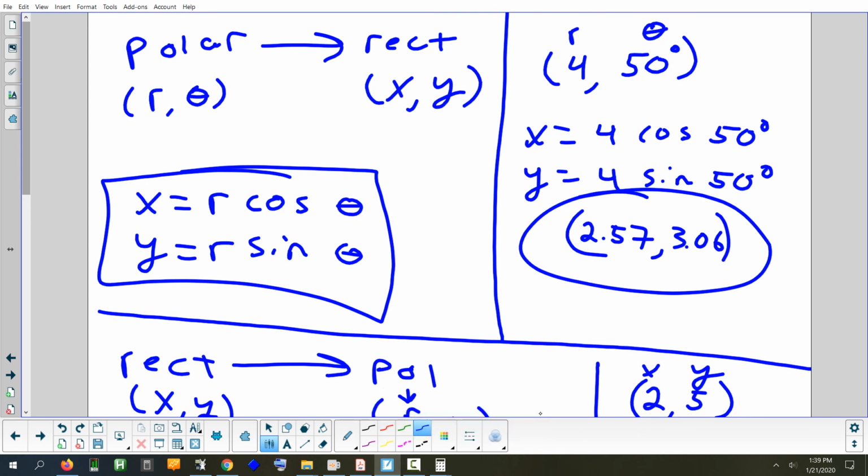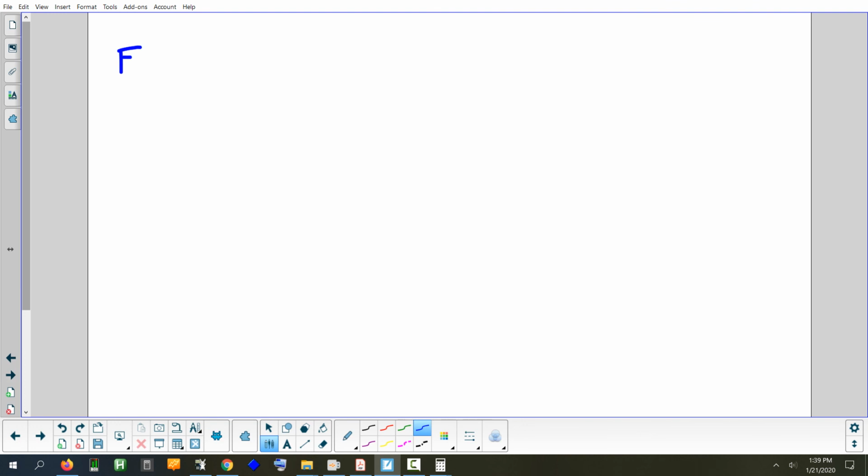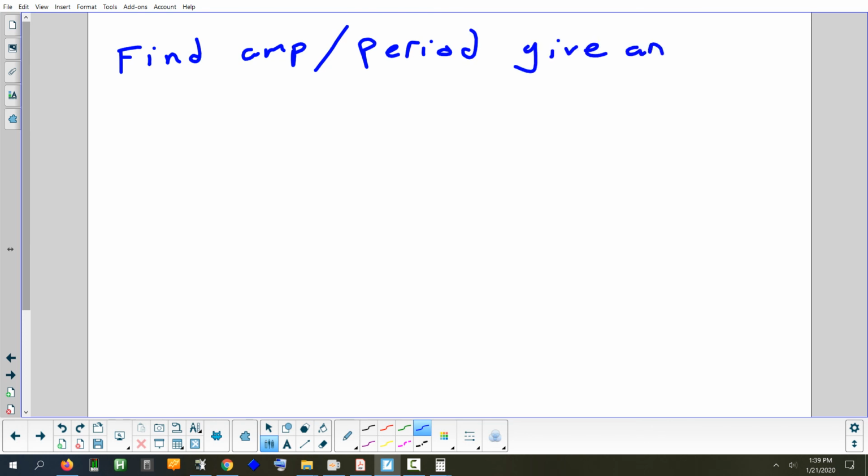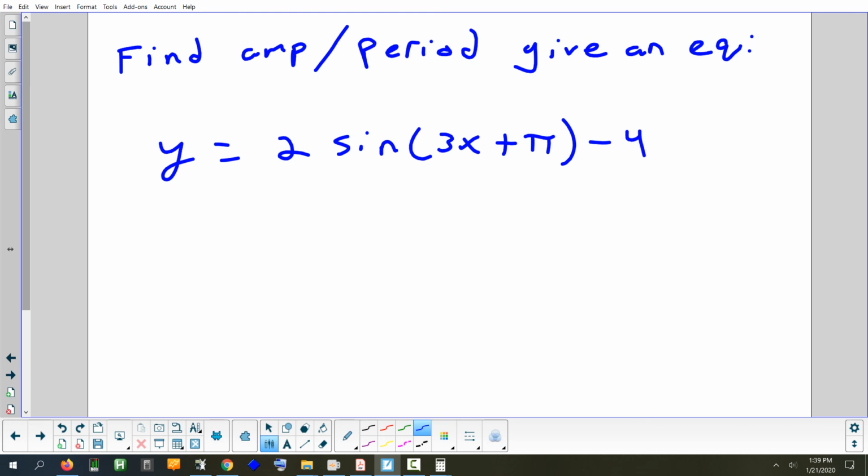Okay, let's look at how to find amplitude. You know what? Let's do period as well, given an equation. Let's say you're given y equals 2 sine (3x plus pi) minus 4. There are 4 transformations happening there.